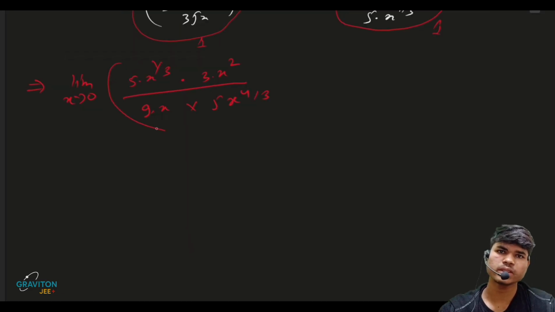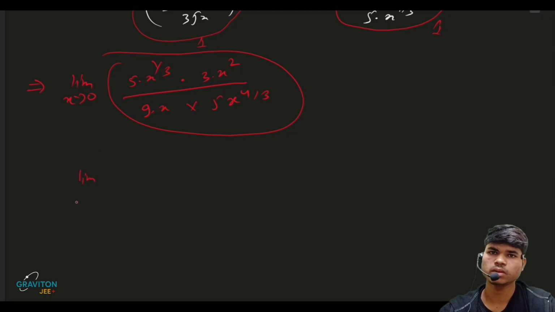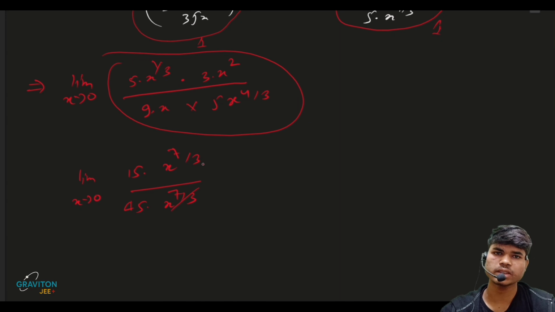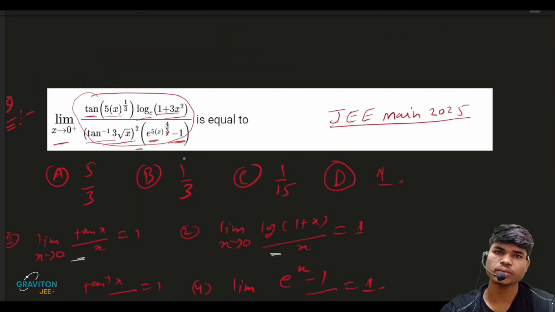After solving this expression, we have limit x tends to 0 of 15 into x to the power 7 by 3 all divided by 45 into x to the power 7 by 3, and this will cancel out. So we have 1 by 3. This is our final answer. So option number 2 is correct.